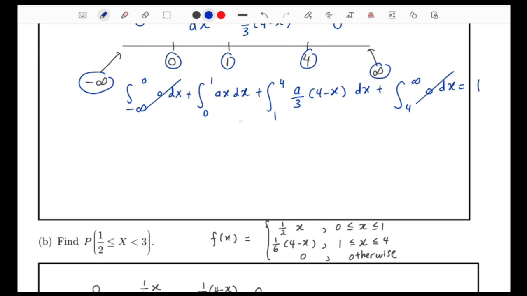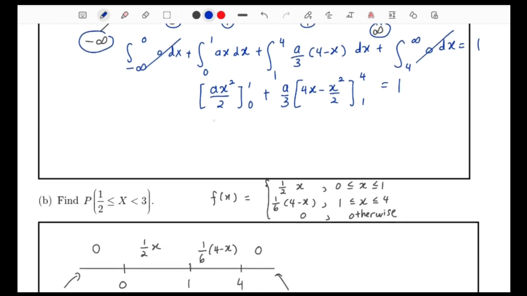So we just need to integrate ax, which is ax squared over 2, and then substitute 1, 0. And then integrate a over 3 for the function 4 minus x, which is just a over 3 times 4x minus x squared over 2, since a over 3 is just the constant, and then make it equal to 1.